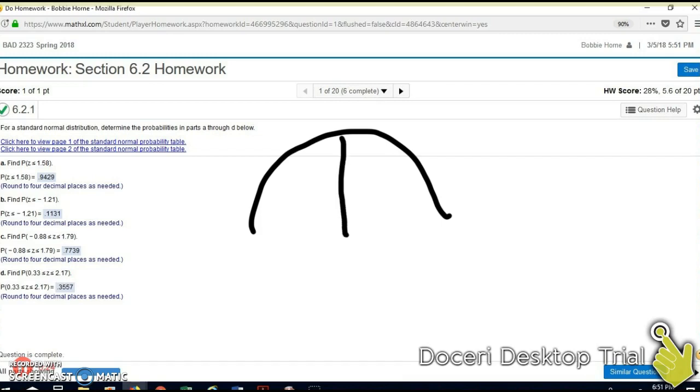So what we want to know for the first one is the probability that z is less than or equal to 1.58, so 1.58 standard deviations above the mean.